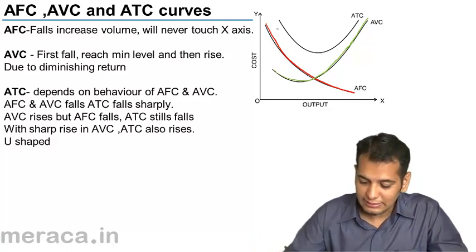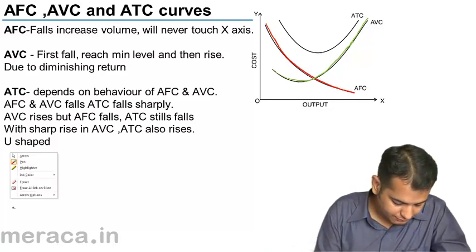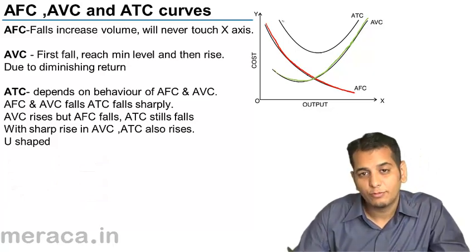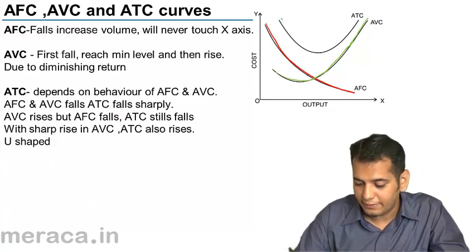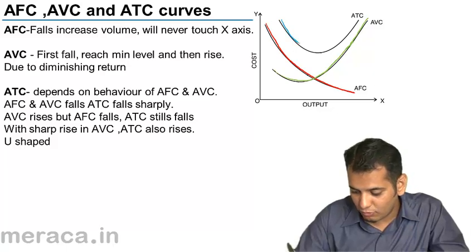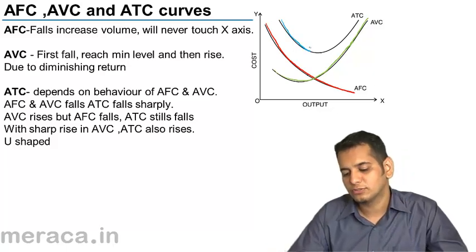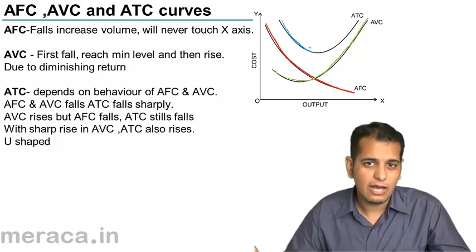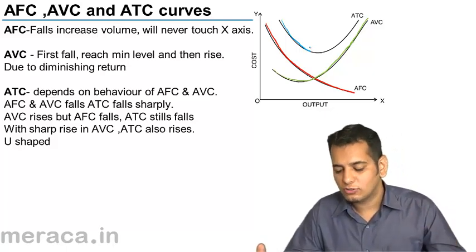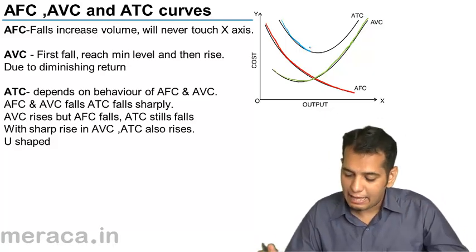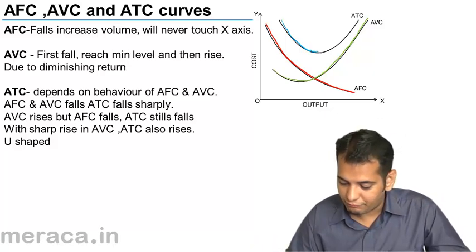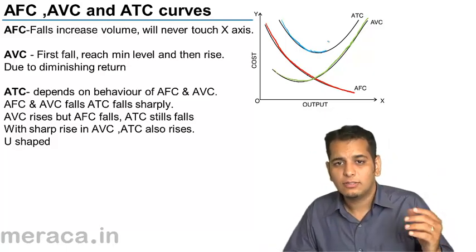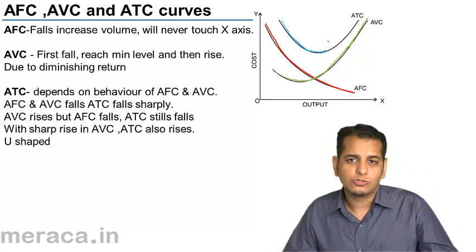So since initially the fixed cost is more, it takes the pattern of average fixed cost. The weight of the average fixed cost is higher. So the total cost curve follows the average fixed cost. But after a point when the average fixed cost has gone down, its weight also goes down.